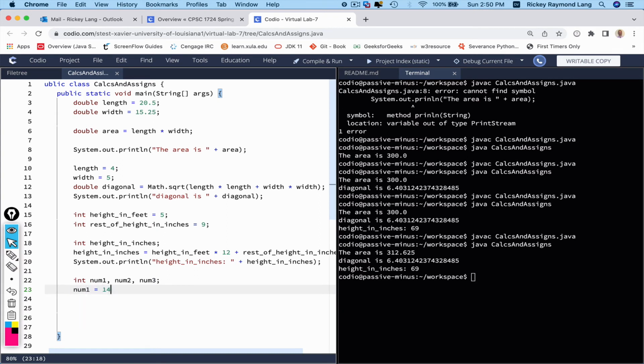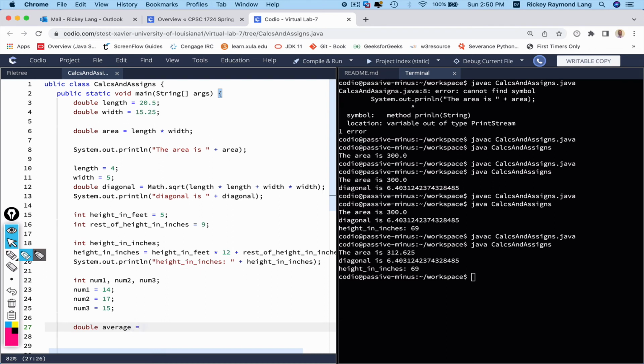Let's say num1 is 14, num2 is 17, num3 is, let's say 15. An average will always potentially have a fractional portion, so you want to allow for that. I make that double. Even though the numbers I'm averaging are integers, the average is going to be a double.